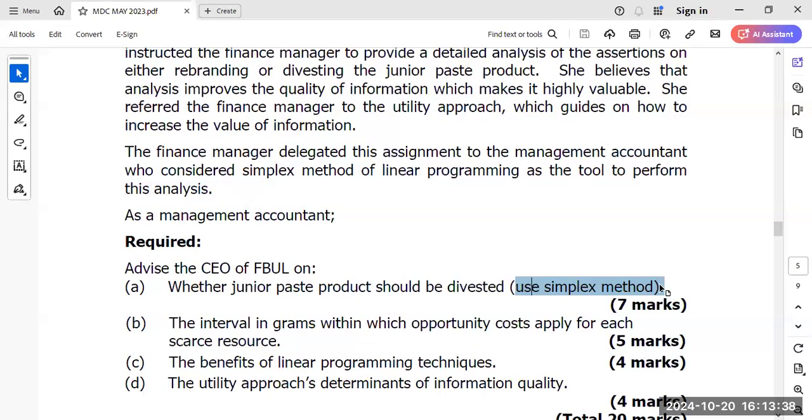Of course, you are going to divest the product if it is not generating any contribution. So we need to see whether the junior paste product is part of the products that help the company to actually maximize profits or not.